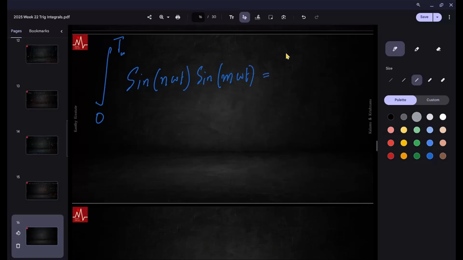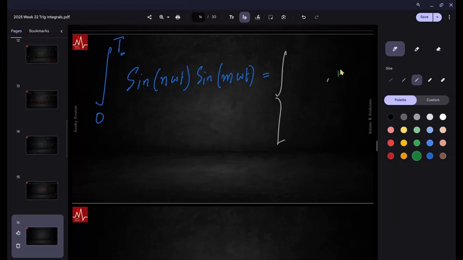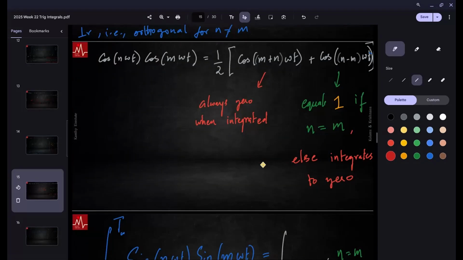Again, this should depend on two things. When you have n equals m, and then when you have n not equals m. To answer this, we'll wind up, so justification is going to be the same as this.